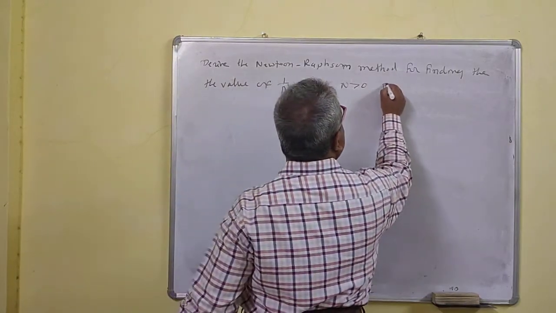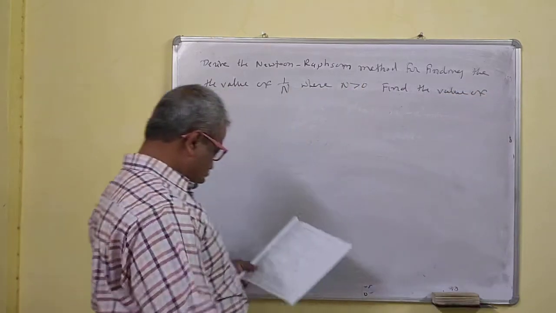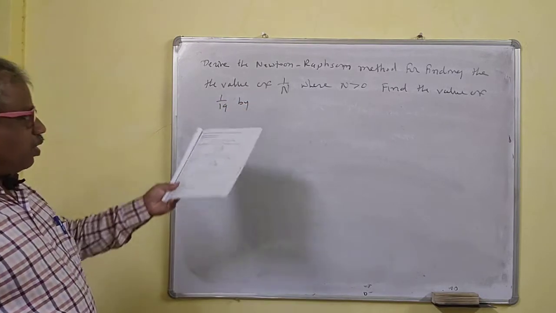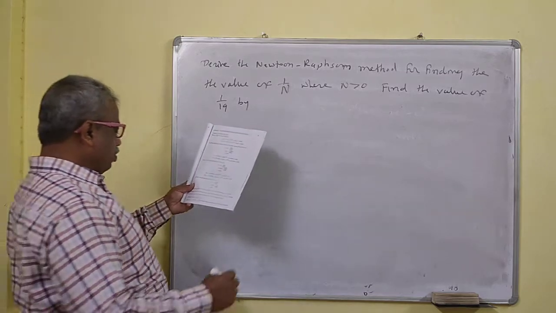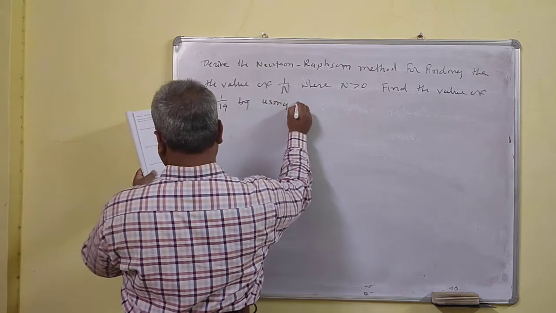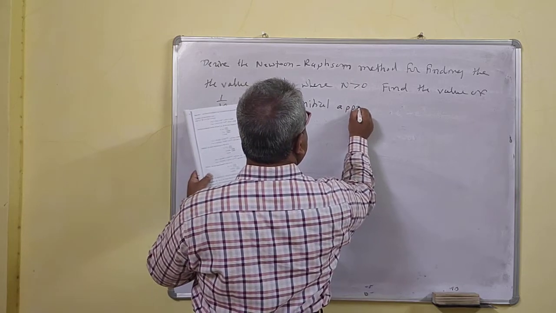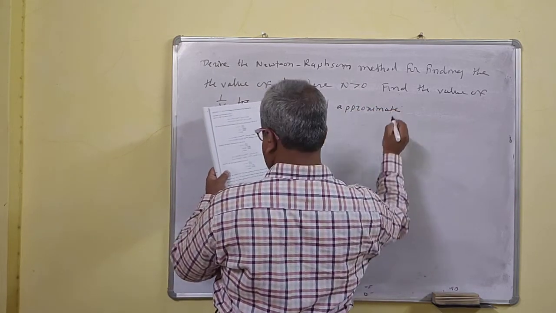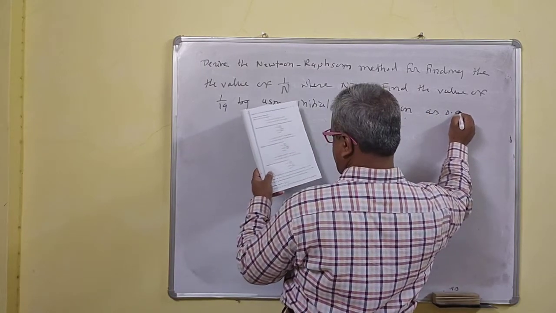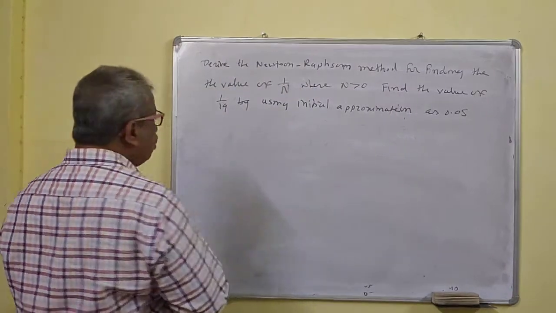Find the value of 1 by 19. That is a reciprocal. You have to find the formula, and with the help of this formula find 1 by 19 using the initial approximation 0.05.